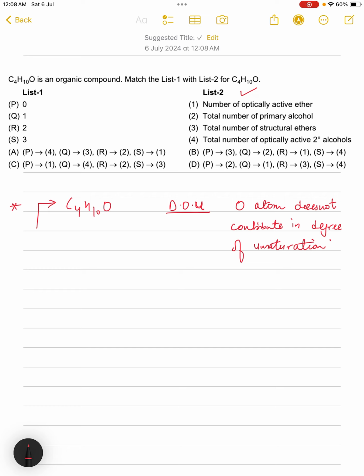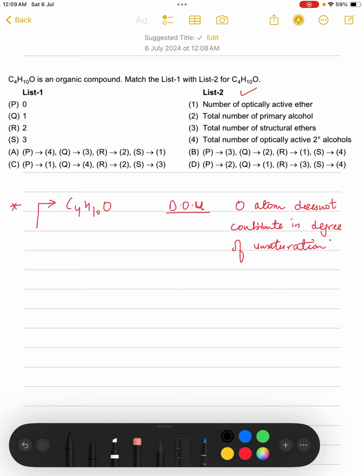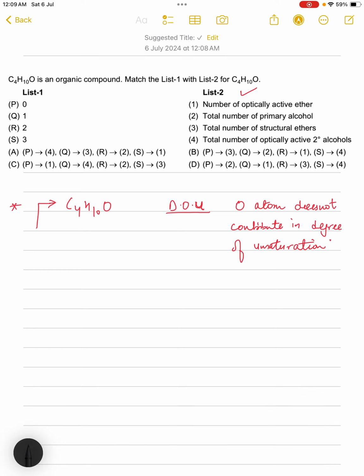Now we have C4H10. So how do we calculate the degree of unsaturation? Whenever the organic compound is given, check the number of carbons in it. Here we have 4 carbons, so C4. If 4 carbon atoms are there, what will be the formula of the alkane having 4 carbon atoms? It should be C4H10, right?